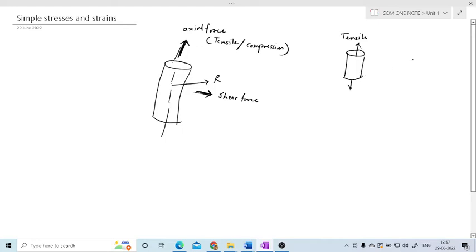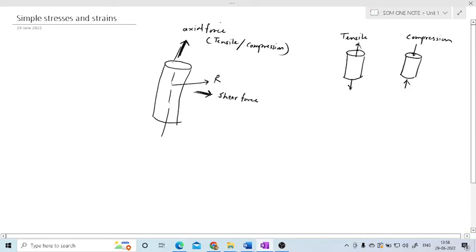And suppose I apply a force where the length of this specimen gets reduced, meaning it is compressed, then it is called a compressive force. So there are two types of axial forces, tensile and compressive, depending upon the elongation and compression, and the second one is the shear force.